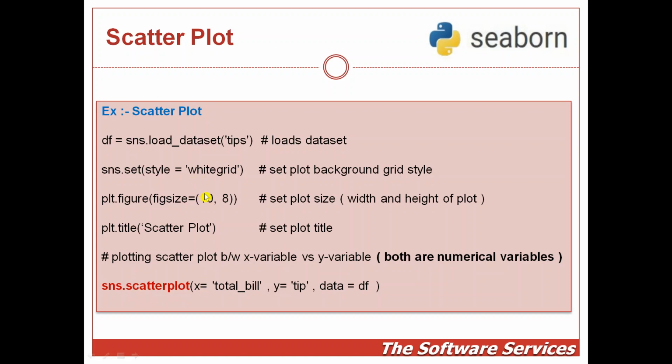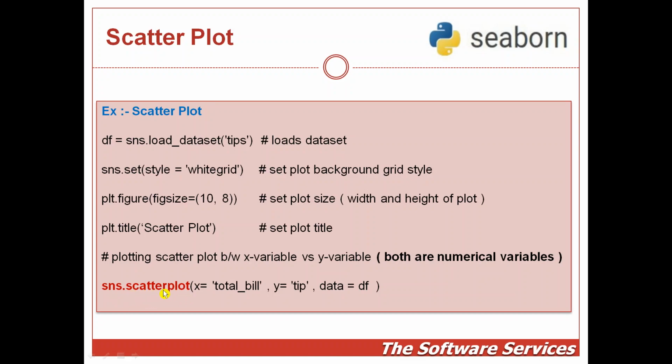Then loading the data is step 1, and step 2 is setting the background style, and then setting the plot size and then setting the plot title. These 4 steps are common to every plot, friends. And then we go to the plot method.